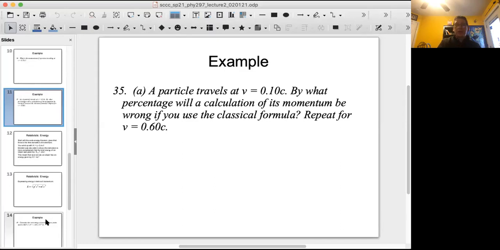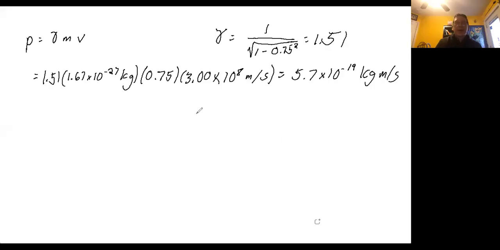Okay, let's start with v equal to 0.10 c. Here, gamma is equal to 1 over the square root of 1 minus 0.010 squared.